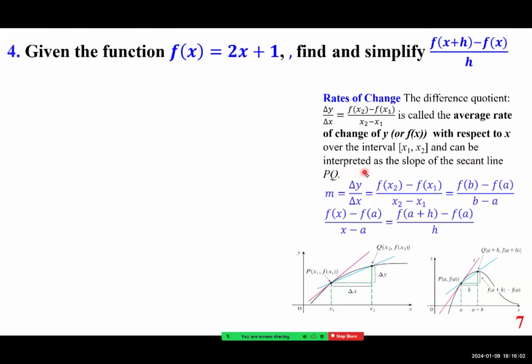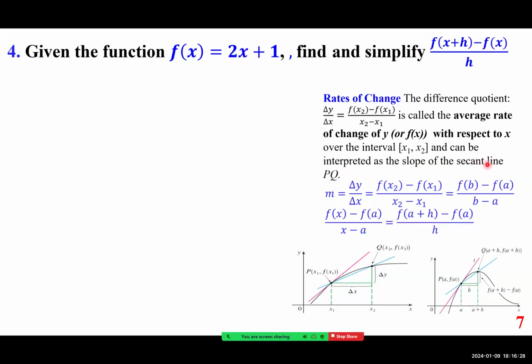So if you happen to have a curve and you pick two points and connect them, the slope of this line is known as a difference quotient. Now, this line is known as a secant line. Okay, it's called a secant line.